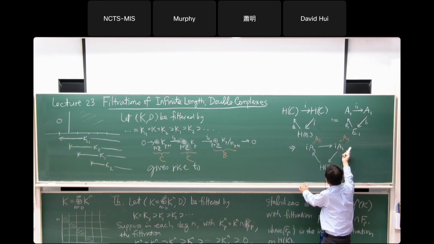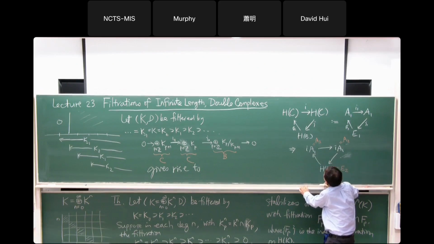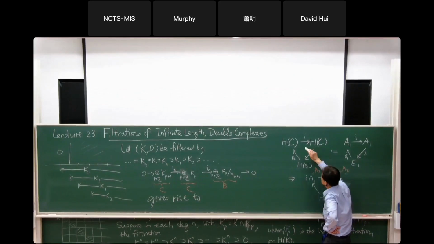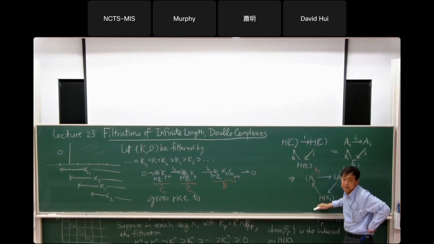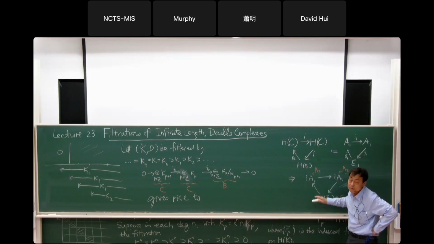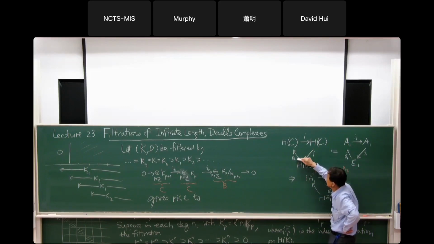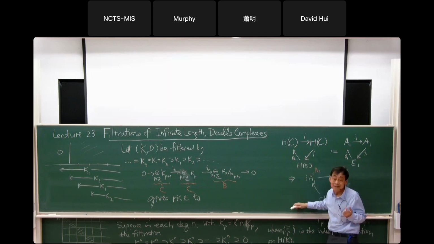But there's a difference, right? Because you cannot just look at degree n of an exact couple, because this K is the connecting homomorphism. So K increases the degree by 1.